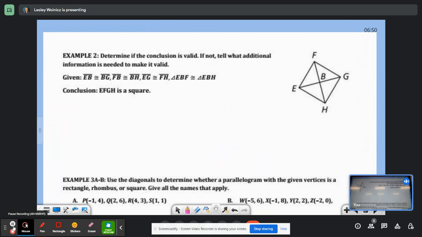Okay, determine if the conclusion is valid. If not, tell what additional information is needed to make it valid.